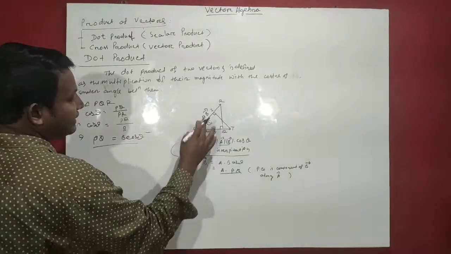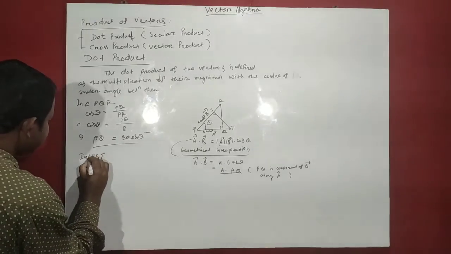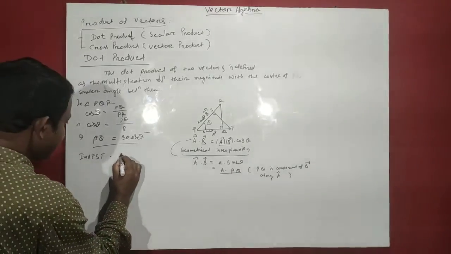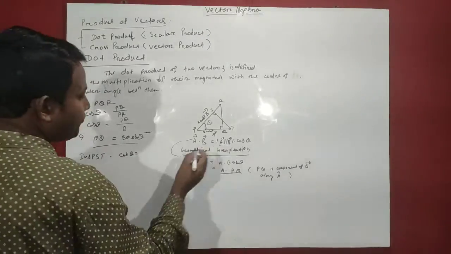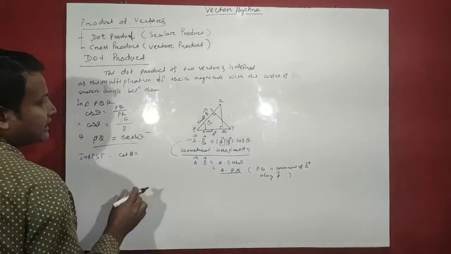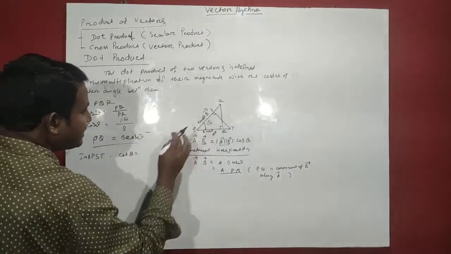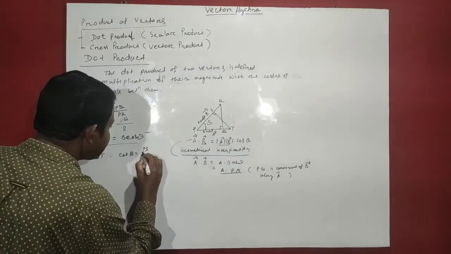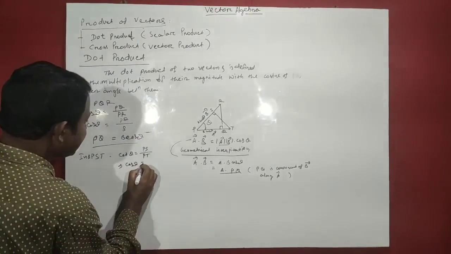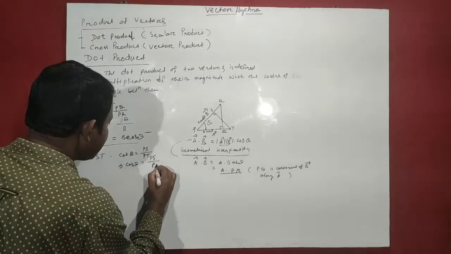Again, if we take triangle PST, cos theta is equal to base by hypotenuse, that is PS by PT.